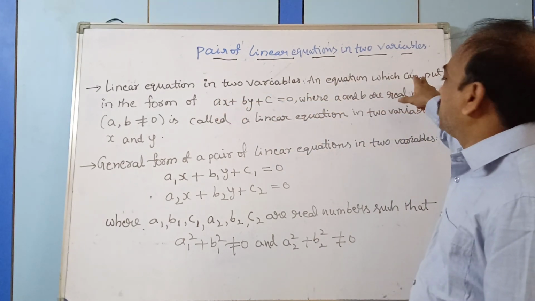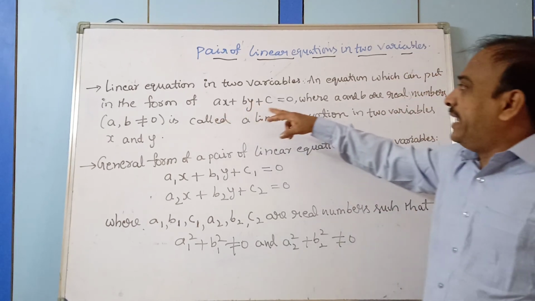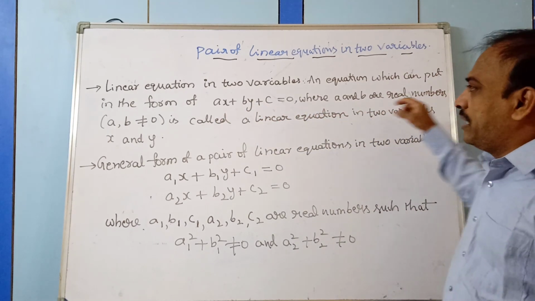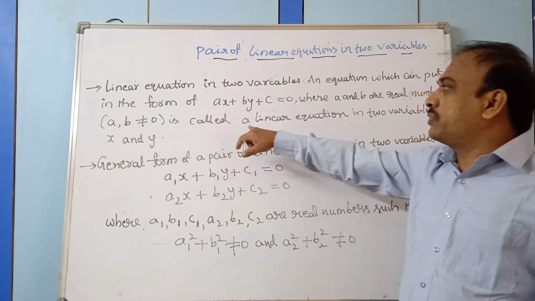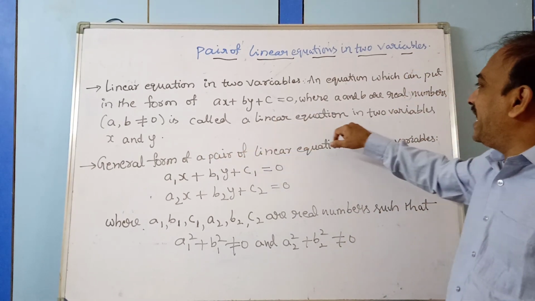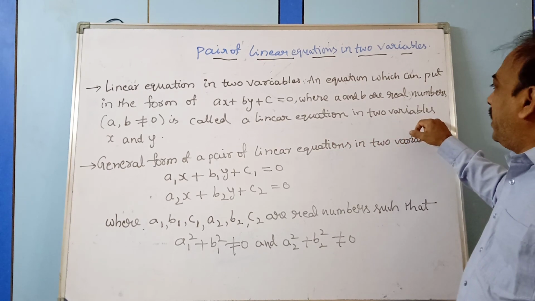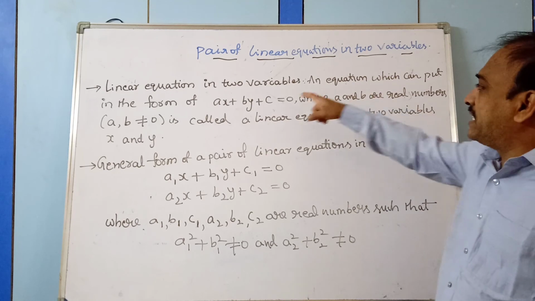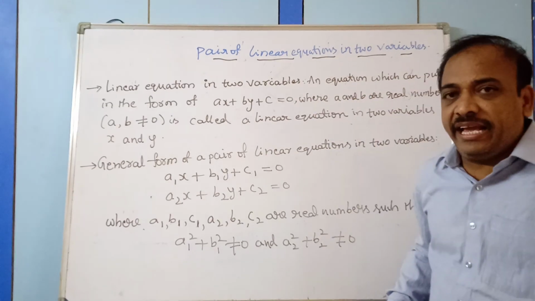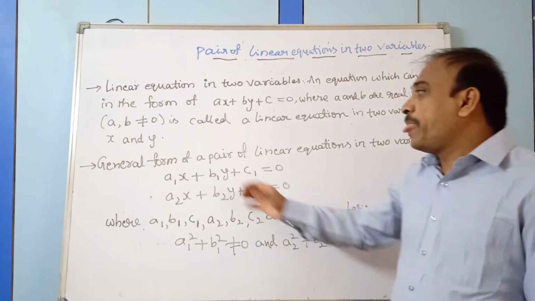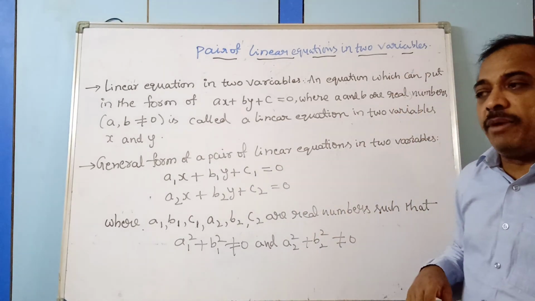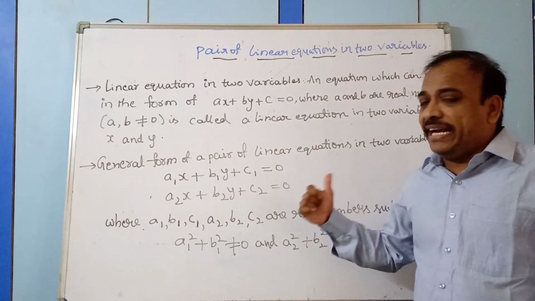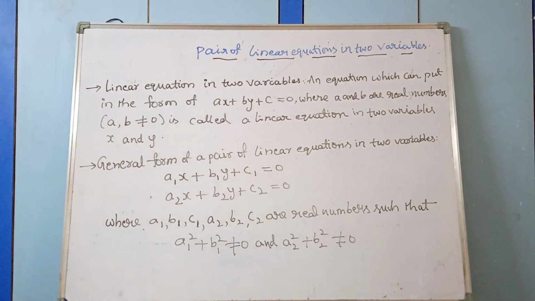An equation which can be put in the form ax plus by plus c equal to 0, where a and b are real numbers, a and b not equal to 0, is called a linear equation in two variables x and y, where a, b, c are real numbers. Now you see the standard form of this pair of linear equations in two variables.